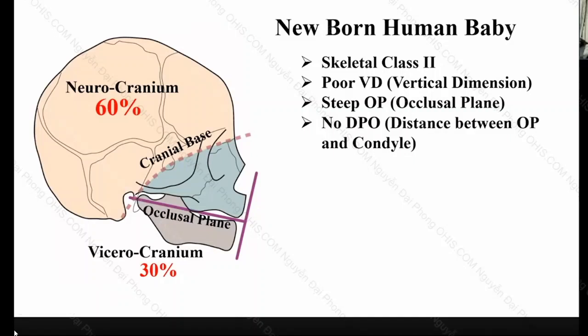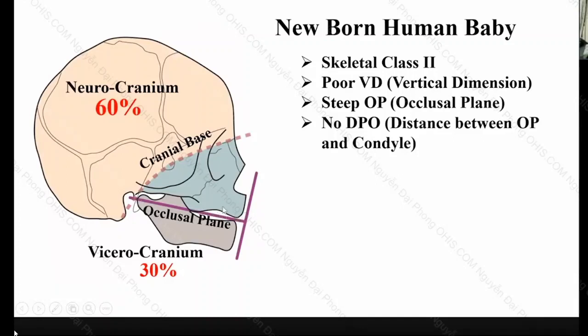At that time, it is skeletally class 2, because the mandible is very small relative to the upper jaw. So then poor vertical dimension, because at that time the occlusal plane here, of course, if milk teeth are erupting, we will have the occlusal plane here.